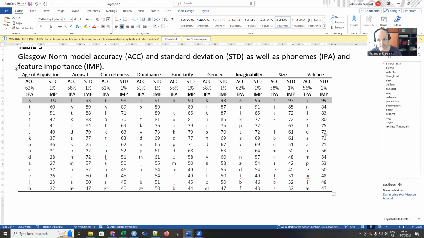So we lose maybe less than 1% of our samples in the balancing for the Glasgow norms, but we lose 80% of our samples in the balancing for the NRC. The NRC starts with more samples, it's 14,000, whereas the Glasgow norms is 5,500, but 20% of 14,000 is less than 99% of 5,500. So long story short, that was a long-winded way of saying there are more samples in the Glasgow norm model, and that might be contributing to this.